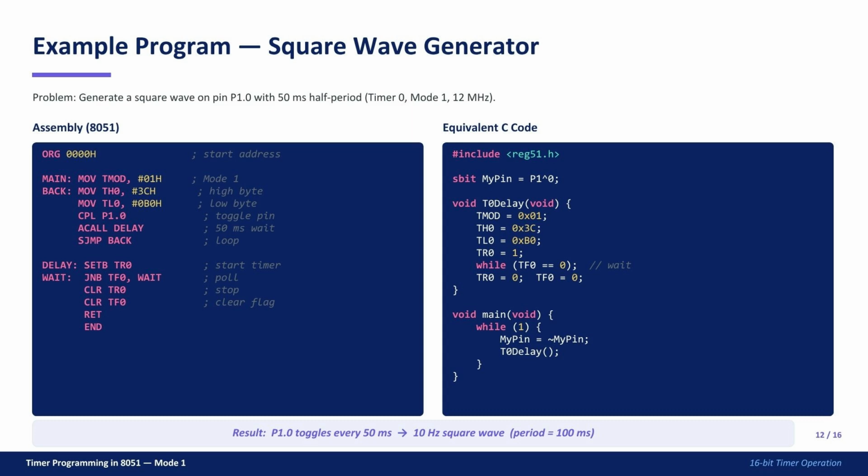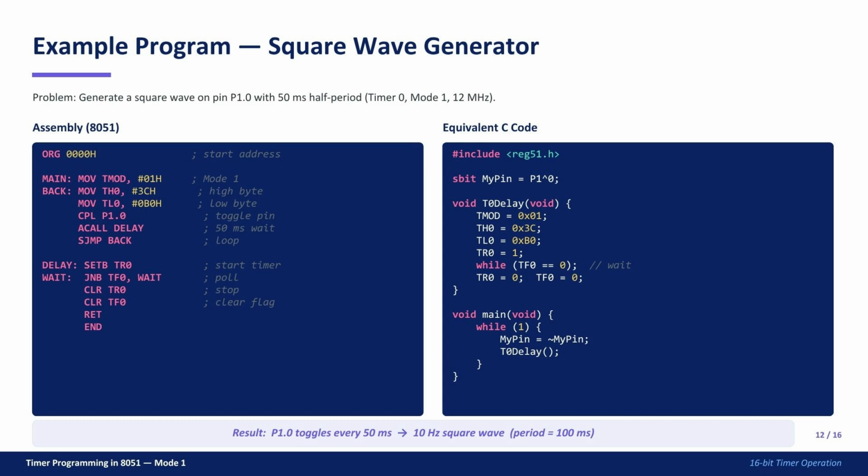We will start with the directive ORG 000H, which tells the assembler that our program begins at memory address 0. Then our first instruction, MOV TMOD, #01H, configures timer 0 in mode 1.